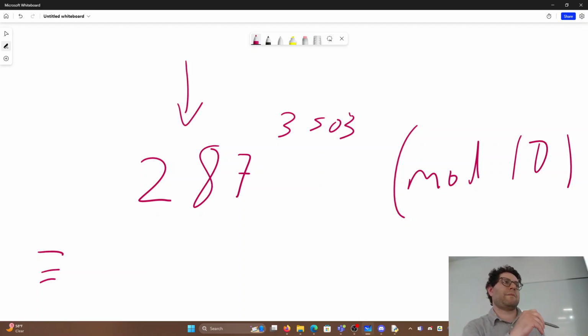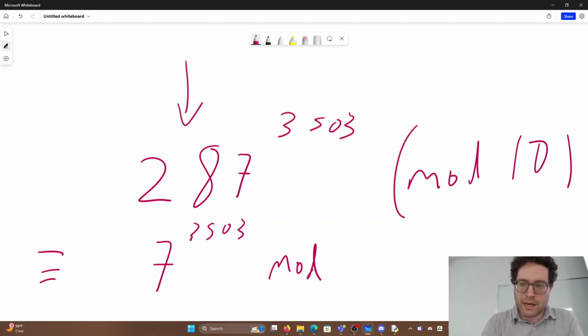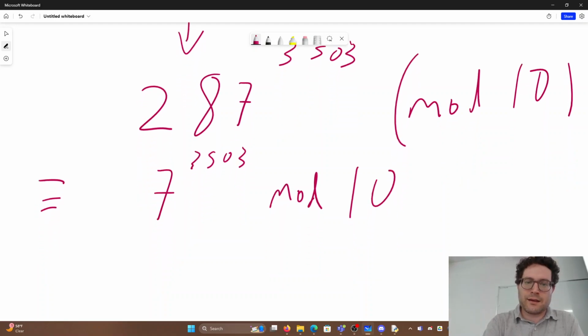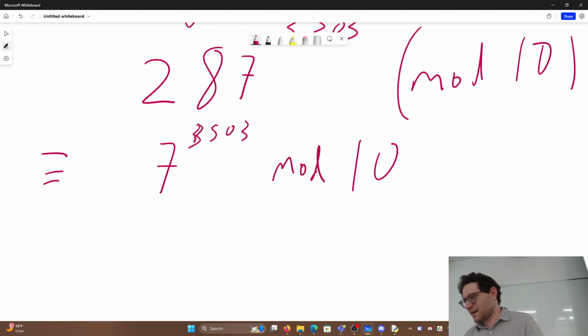We can calculate that mod 10 quite easily, right? What's 287 mod 10? 7. Yep. So this now becomes 3,503 sevens multiplied together, mod 10.